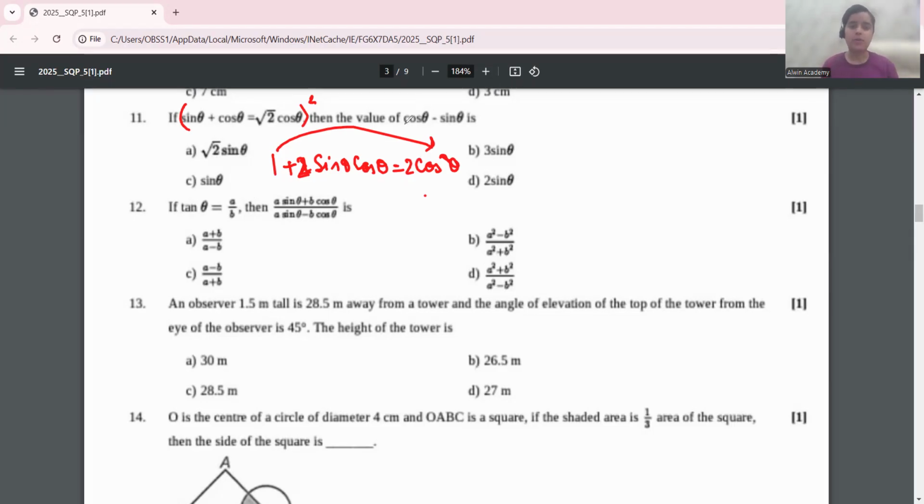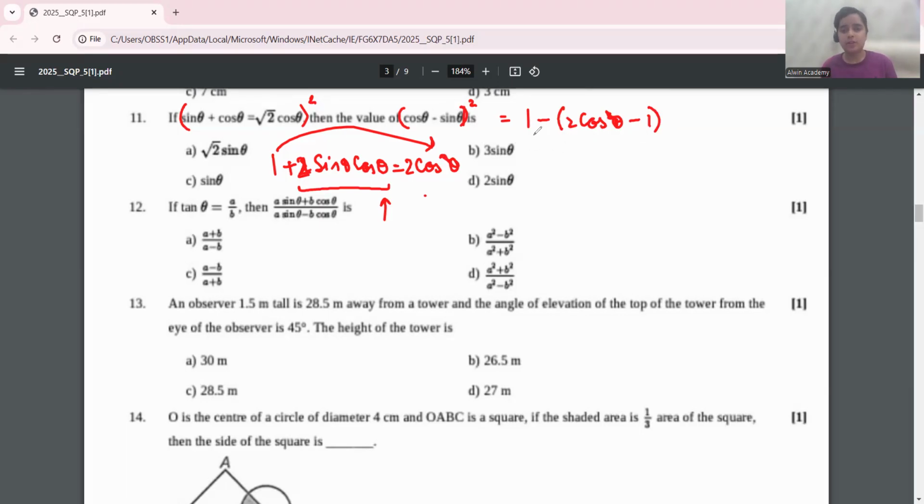I keep it with me for a while and now I square this expression. Now squaring this expression would give me cos square theta plus sine square theta, that's 1, and minus 2 sine theta cos theta. Now I know the value of 2 sine theta cos theta as 2 cos square theta minus 1 from this particular equation. I'll put it here, which would be minus 2 cos square theta minus 1.